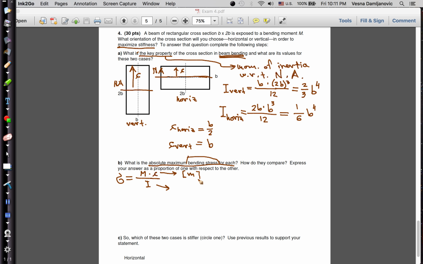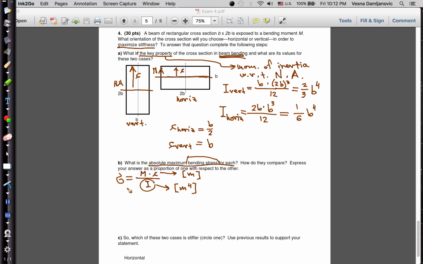Meters. I is in units of meters cubed. Which of these two do you think will have more influence? Okay, I'm glad we agree. It's this guy here. So the moment of inertia has three powers, more powers than the c. So that's the one that decides what will be easier to bend and what not.